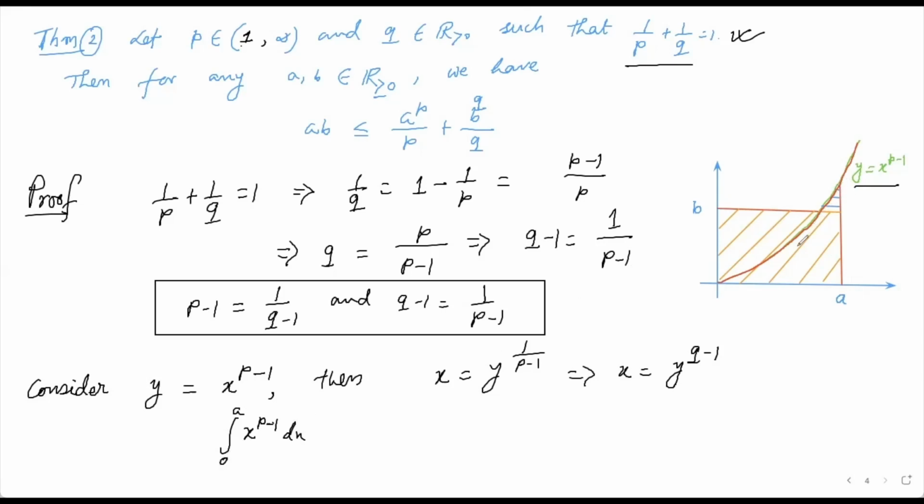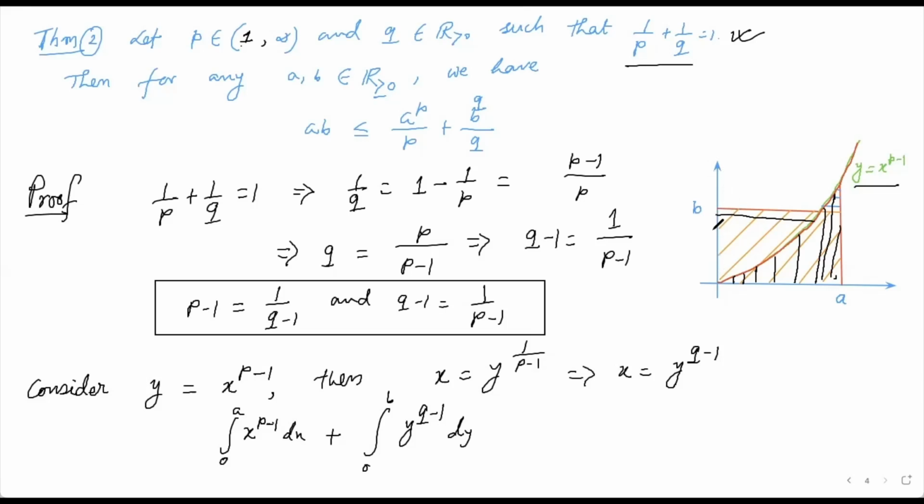This is the area bounded by this curve and the x-axis and the line x equal to a. And similarly, plus integral from 0 to b of y power q minus 1 dy. So what is this? This is the area of this region.